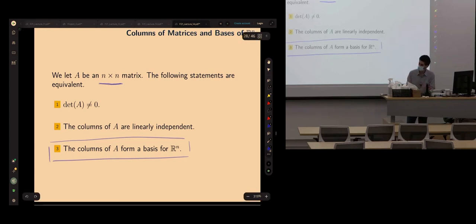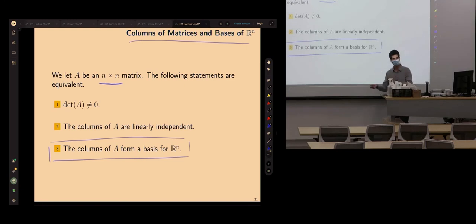This is a more specific topic, columns of a matrix and basis of Rn, right? If it's n by n, non-singular, the columns cover the space, right? I think that's the point I'm trying to make here. The general case when they're rectangular is not going to be like that. First of all, there is no determinant. Then we have to talk about subspaces, right?